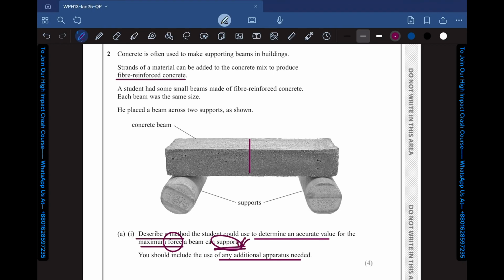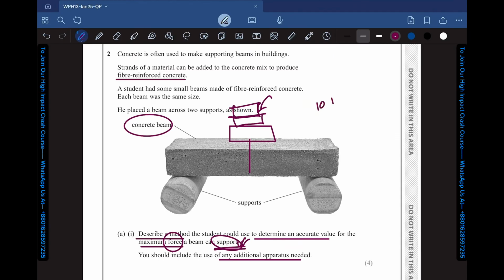So basically to measure this we will have to put some mass in the middle of this concrete, right? We will place mass on the beam in the middle, and then we will increase this mass. Time by time we will increase this mass, and as we are increasing the mass we will write them down.